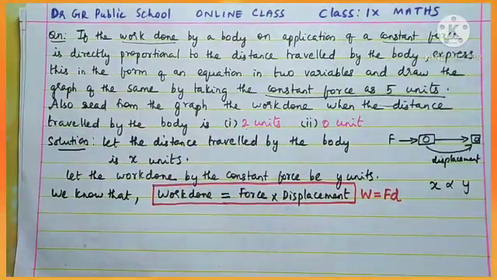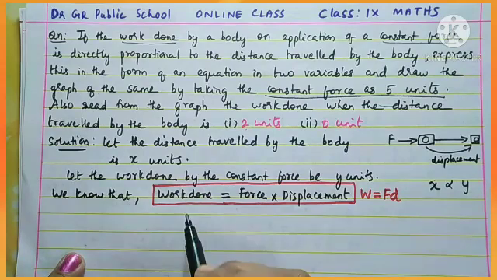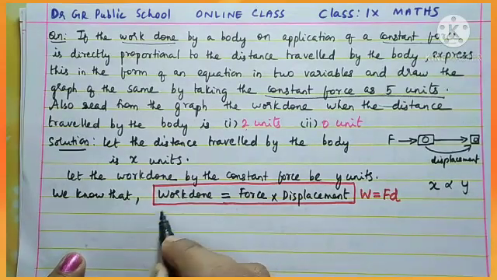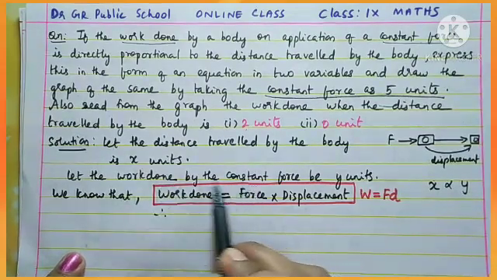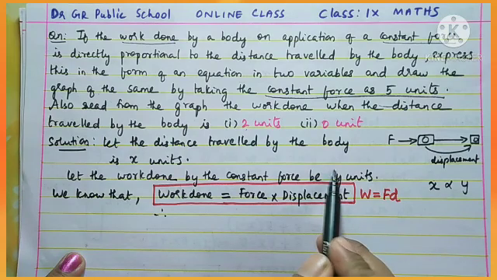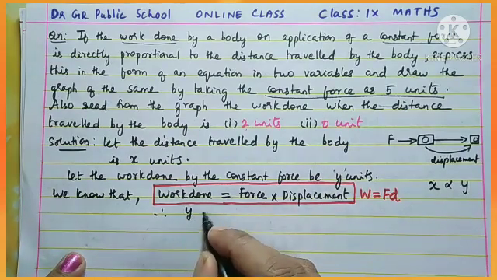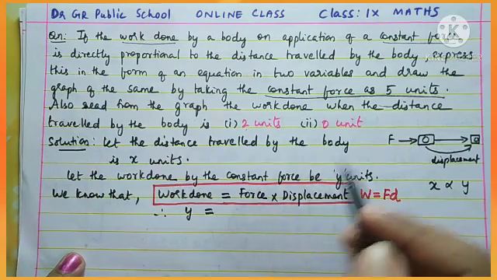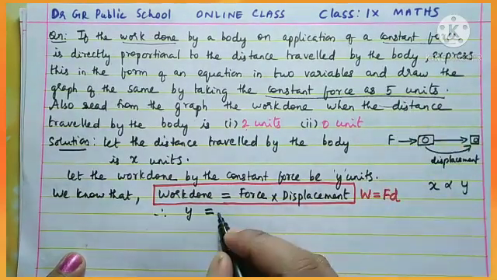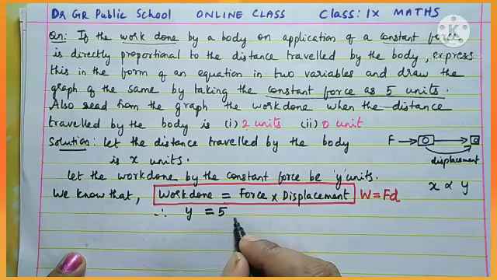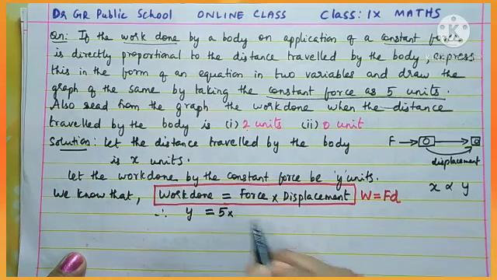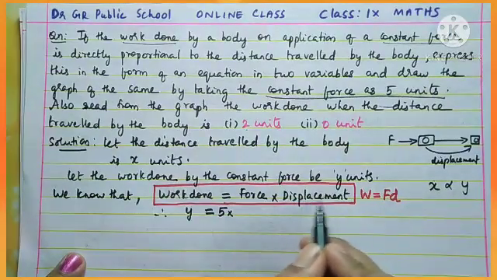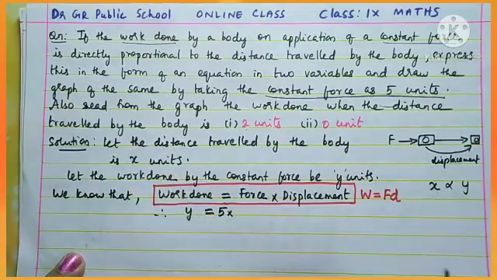So what are the things you know about work done? What is the work done we have taken, children? Therefore work done we have assumed as Y, correct? The variable y. So y is equal to, what is the value of force given in this question? Yes, force is 5. So 5 units into displacement. Displacement means distance. What is the distance we have taken?